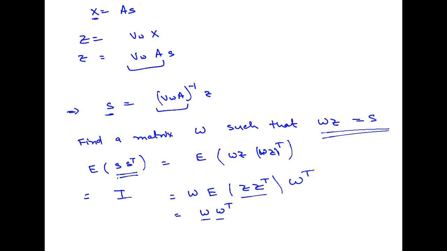So now after I whitened the data, I have to find a matrix W so that W W transpose is I. So W has to be only an orthonormal matrix. So once I have normalized and whitened my data, all I need to find is an orthonormal matrix W such that W Z becomes equal to S. That's the only task left before us now.